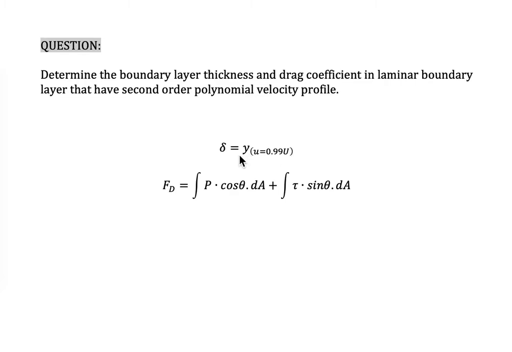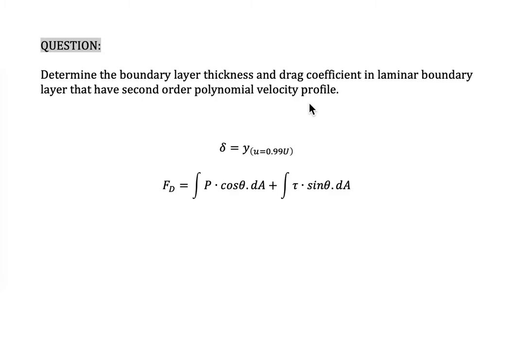It means that we don't know the value of delta, and we also don't know the value of y, so it makes our calculation difficult. From this equation only, we would need to measure the boundary layer thickness from experimental work. So to solve this problem, we need to use the von Karman equation.